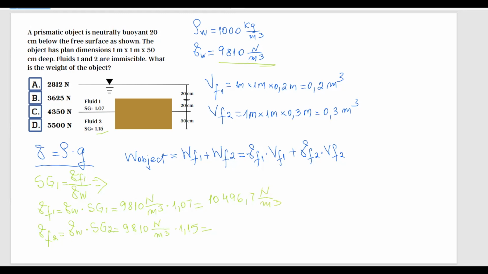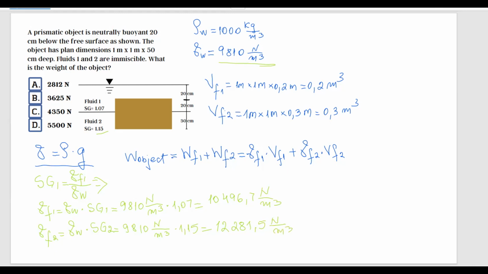And for fluid number 2, we're going to have 9,810 times 1.15. This is going to be 12,281.5, and the units are newtons over meters cubed.